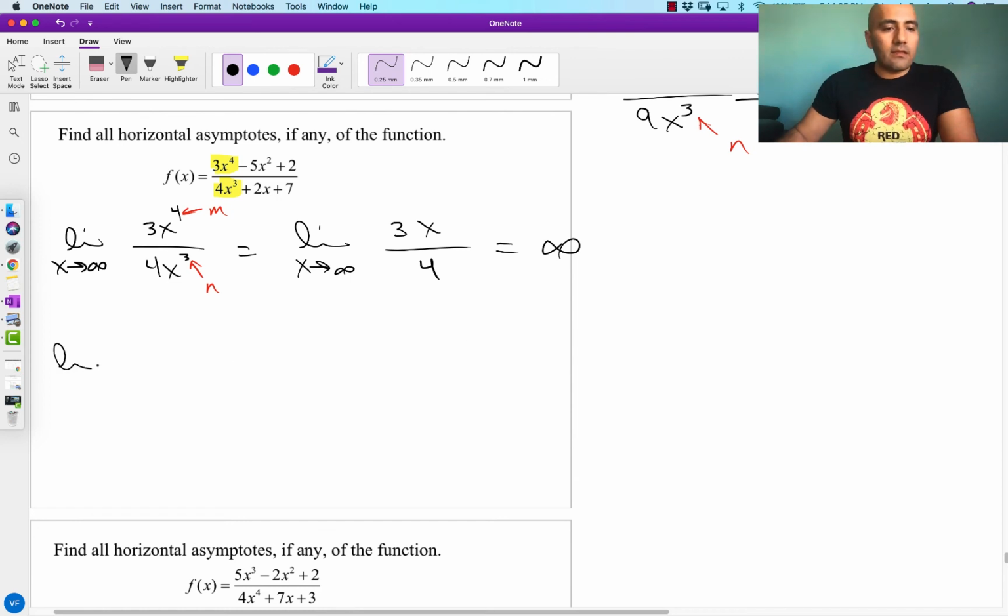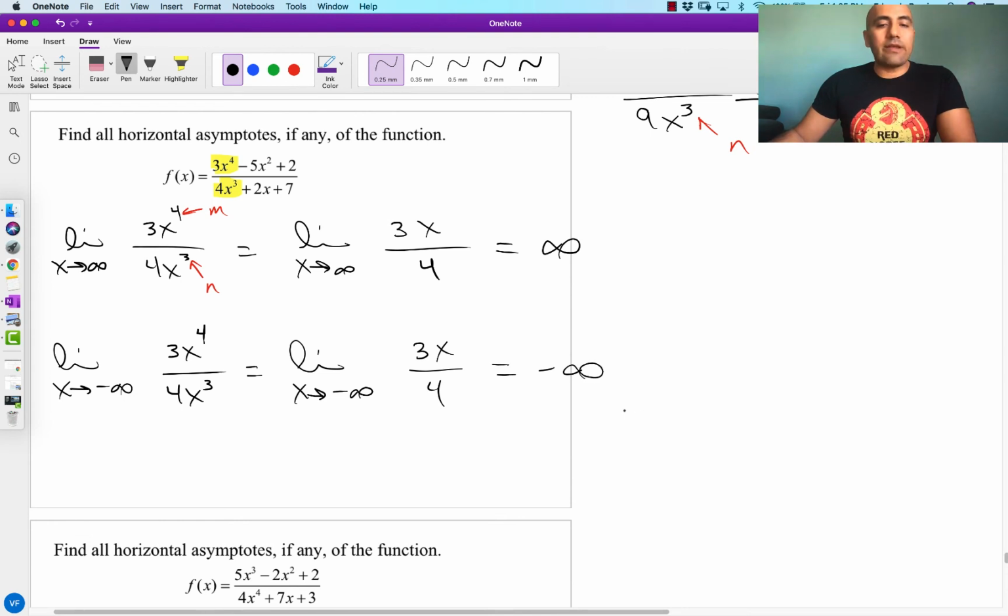And then the limit as x approaches negative infinity, you get 3x to the 4th power over 4x to the 3rd power, which becomes the limit as x approaches negative infinity of 3x over 4. So as I plug in a very large negative number times 3 divided by 4, it's still going to head toward a very large negative number. So there are no horizontal asymptotes here, right?